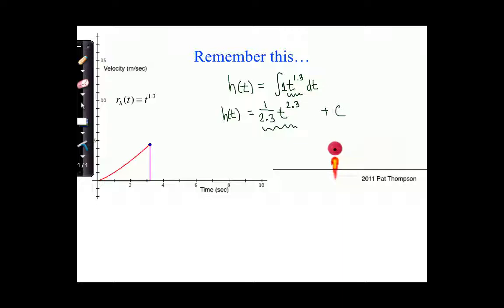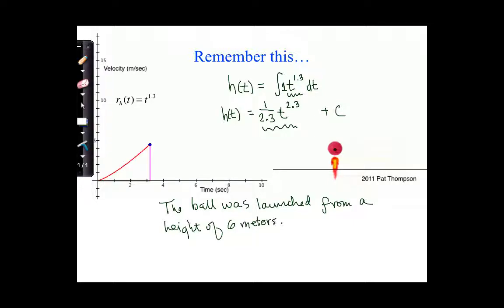So if we had some initial information, like at time 0, the height of this rocket ball was such and such, so maybe the rocket ball was launched from a height of 6 meters, meaning its height at time 0 better come out to be 6, and then after that, it accumulates at this rate. There are 2 different ways I could go about writing the actual correct height function.